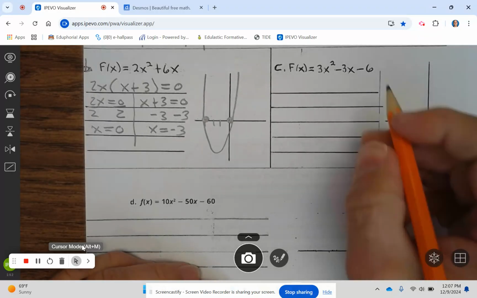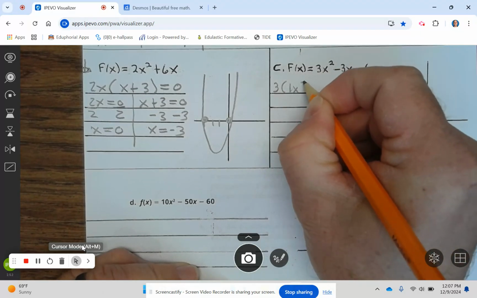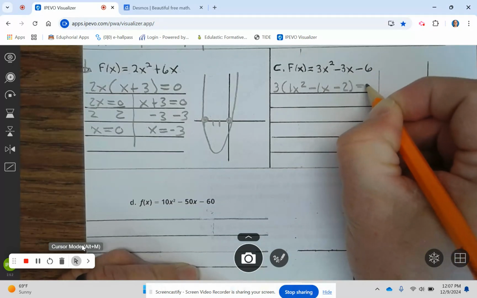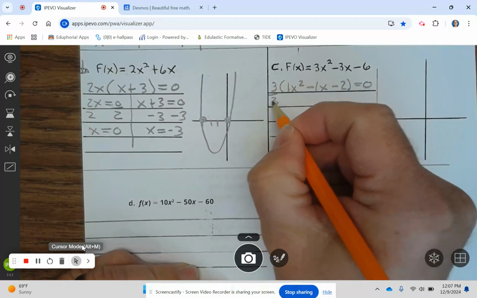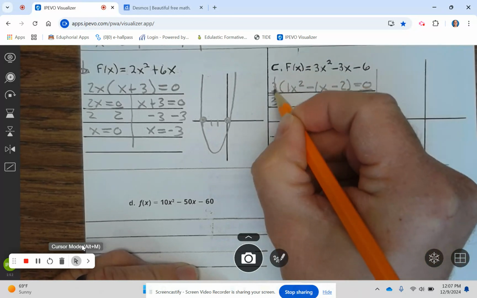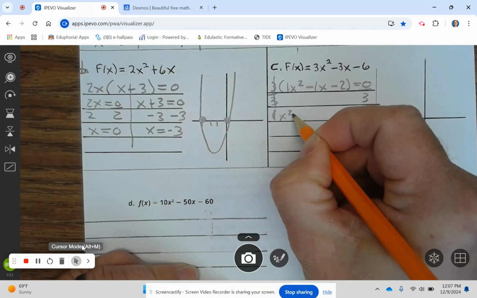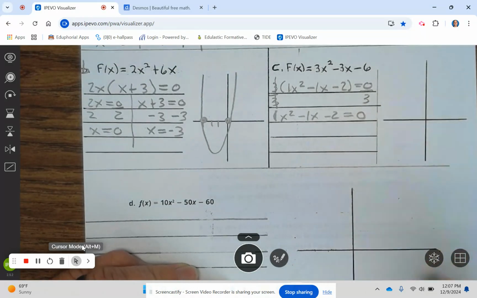All right, C. So we can factor out a 3, which leaves 1x squared minus 1x minus 2, and let's set that equal to 0. Now we can actually divide both sides by 3. 3 divided by 3 is 1, so we're left with 1x squared minus 1x minus 2 equal to 0.